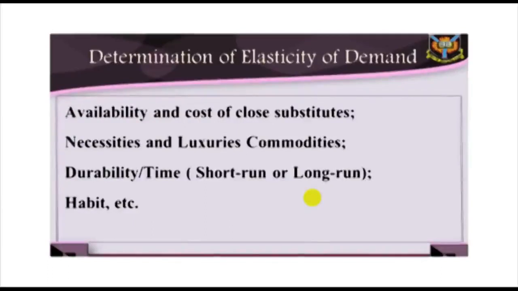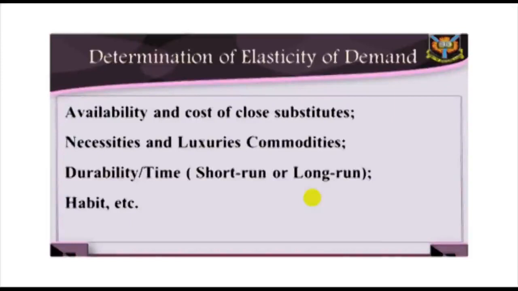Number 3, durability and time. In the area of time, what is relatively inelastic in the short term will be relatively elastic in the long run. The reason is that there will be an adjustment. Secondly, in the long run, substitutes could be developed.